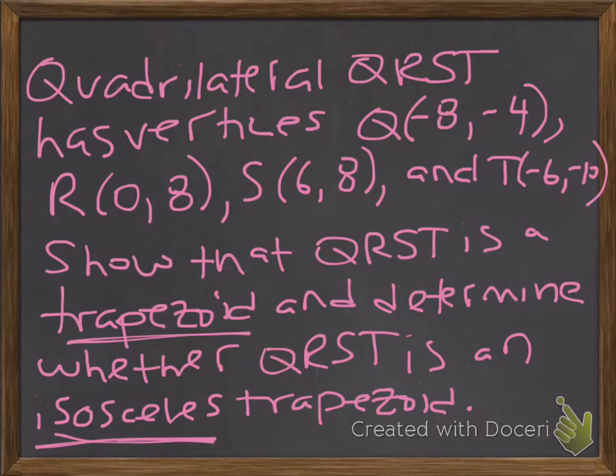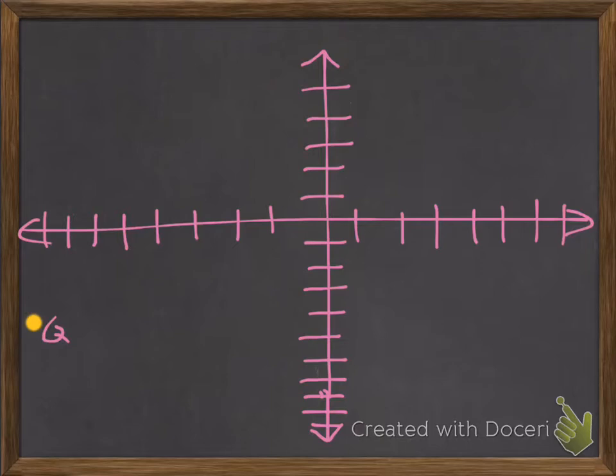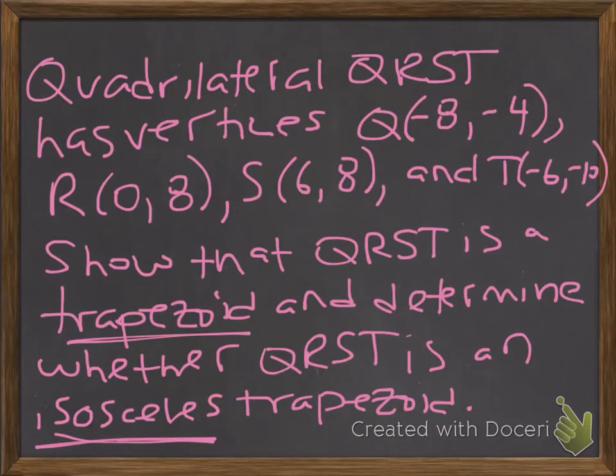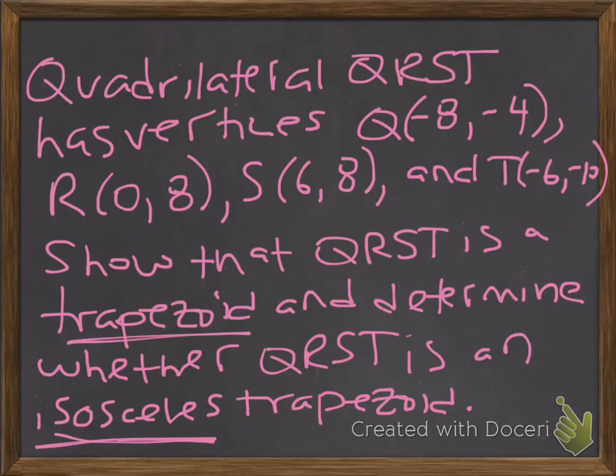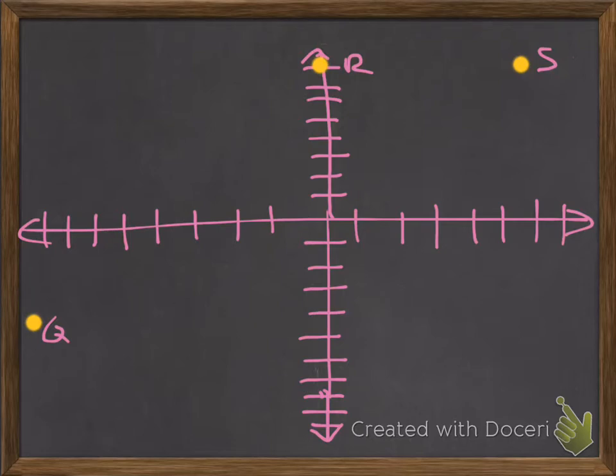Then we have 0, 8. That's R. Then 6, 8. S. And T, negative 6, negative 10. T.